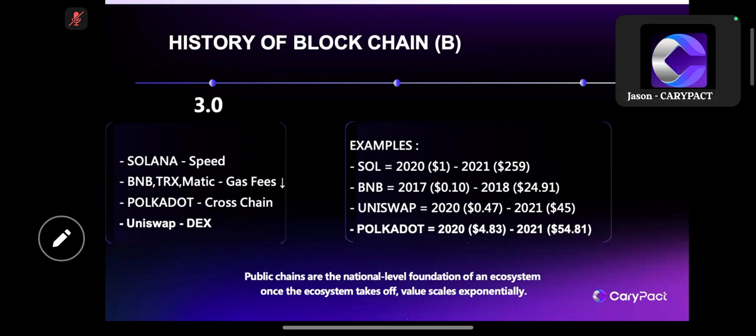And then talk about BNB. In 2017, it only launched at 10 cents, or 0.1. In 2018, which is less than 1 year, the price skyrocketed to $24. So $24 from 10 cents, that's around 240x again. And then Uniswap, in 2020, was 47 cents per coin, and it rose up to $45, which is about 100x in 2021.